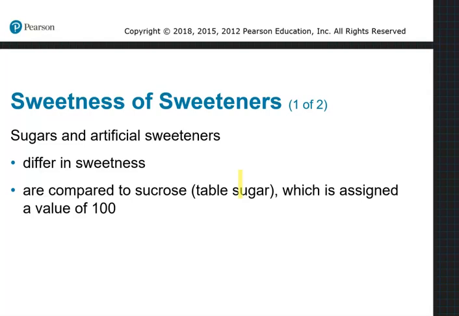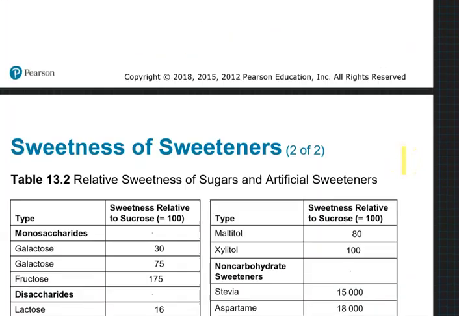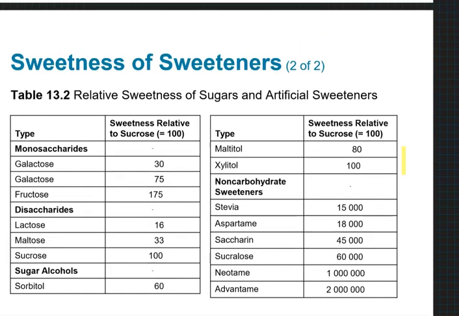So in order to replace sugars, we use artificial sweeteners. The comparison is set to sucrose, and the value of sweetness of sucrose is 100. You know, the reference point. This table summarizes what you're going to see.